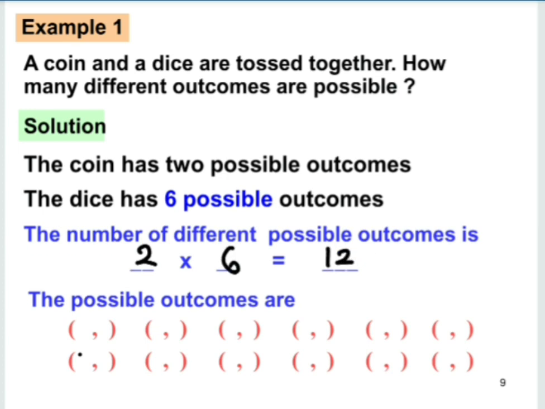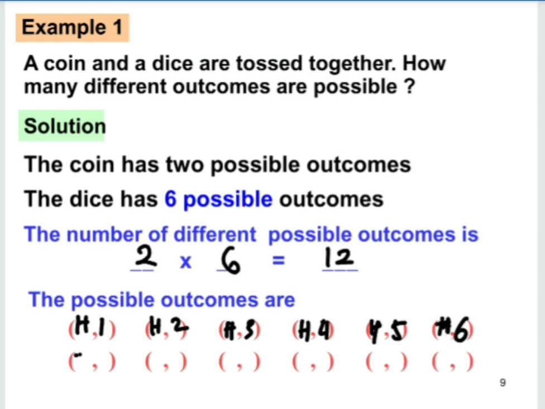And the possible outcomes can be either head and 1, where head is from the coin and 1 is from the dice. It can be head and 2, head and 3, head and 4, head and 5, head and 6.